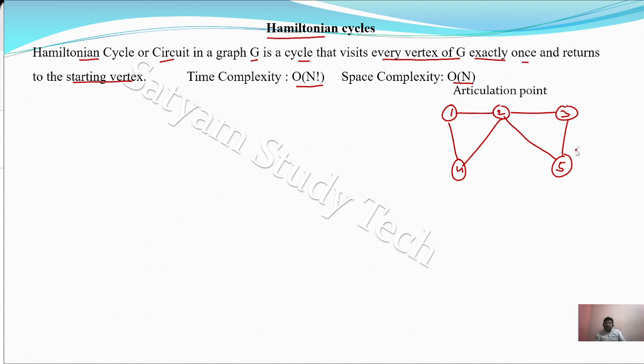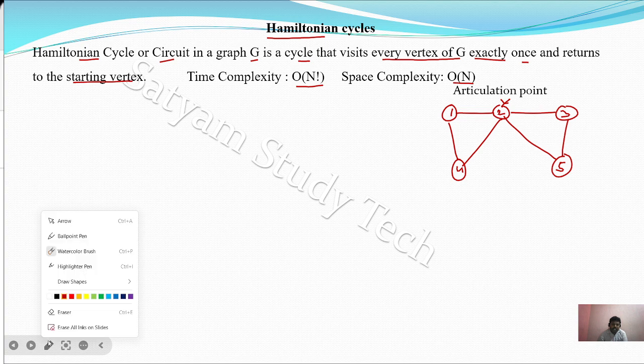This is a graph, and this point is called an articulation point. That means if you remove this vertex, it becomes a disconnected graph. In any disconnected graph, there is no Hamiltonian cycle. So there are two components, and you cannot find the Hamiltonian cycle.